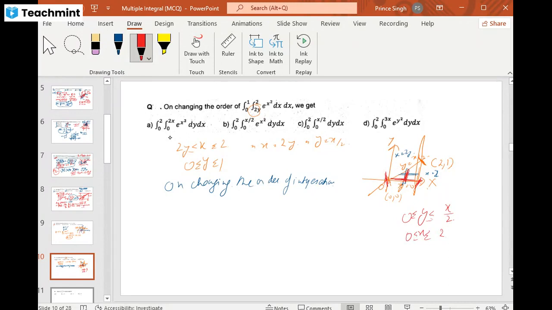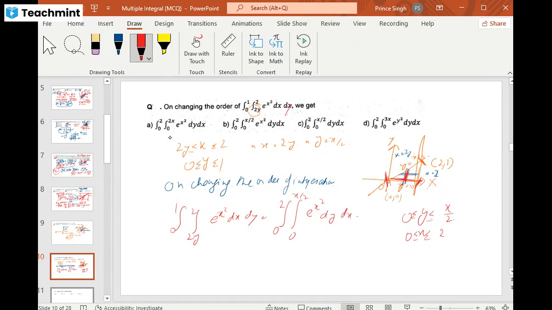So what is the representation here? Integral 0 to 1, 2y to 2, e raised to the power x square dx dy is equal to integral 0 to 2, 0 to x by 2, e raised to the power x square dy dx.